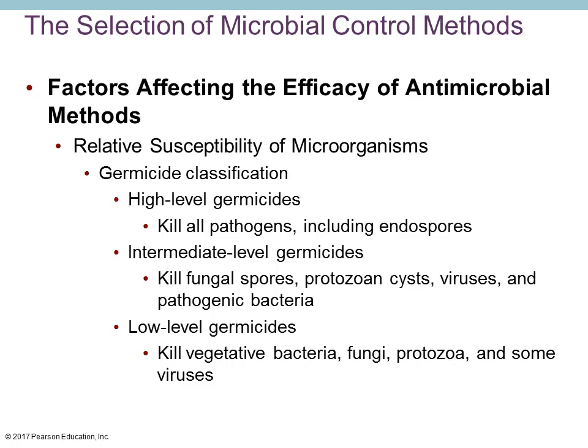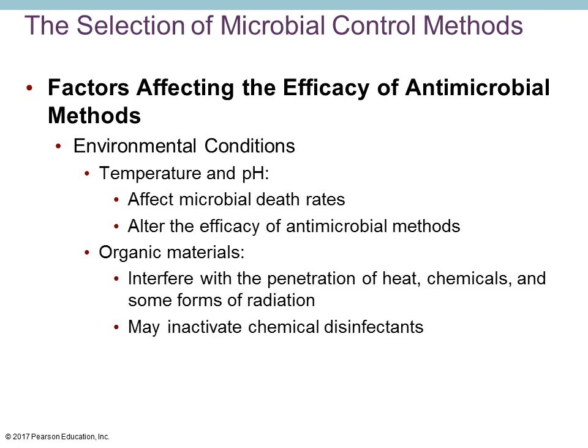Once again, you have to look at what type of treatment you are trying to do as to which of these levels of agents you're going to use. Some other things can affect how efficient your antimicrobial agent is, such as environmental conditions. Temperature and pH can have an effect. If you change the pH, that's going to affect the microorganisms' growth.